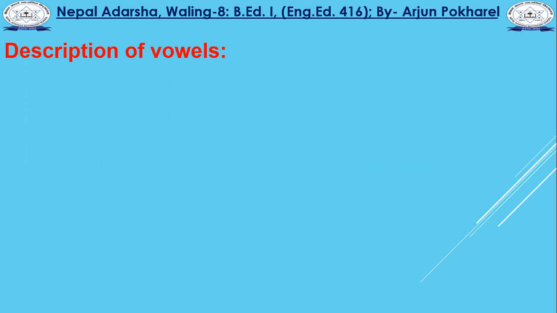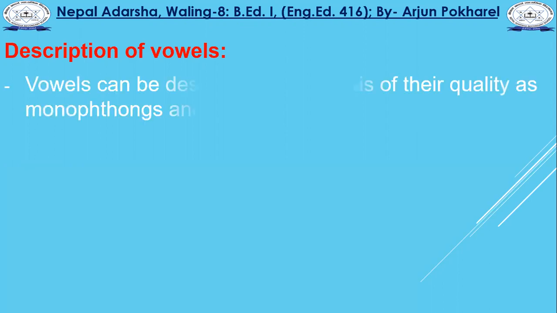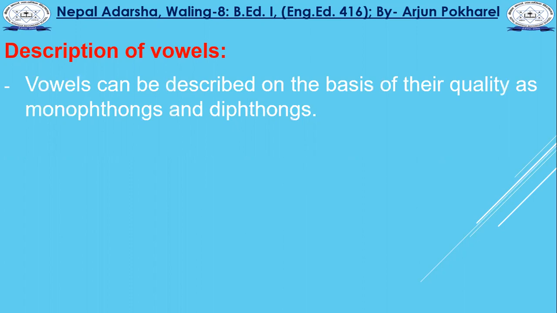After defining vowels and doing the inventory of vowels, we are moving to the description of vowels. This is a short revision of what we did before. Vowels can be described on the basis of their quality as monophthongs and diphthongs.